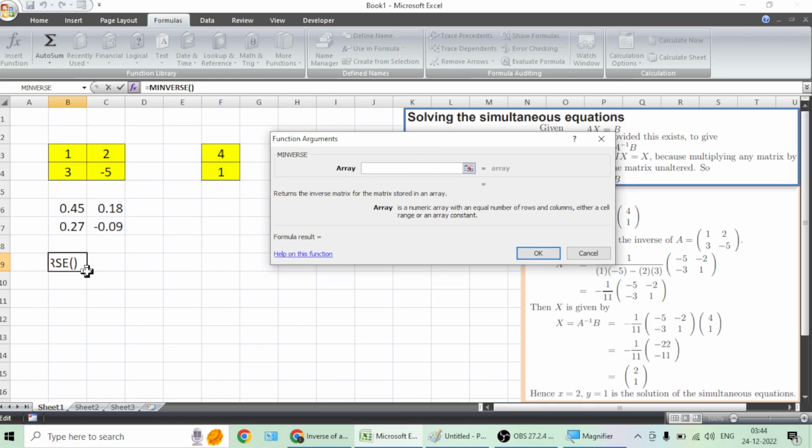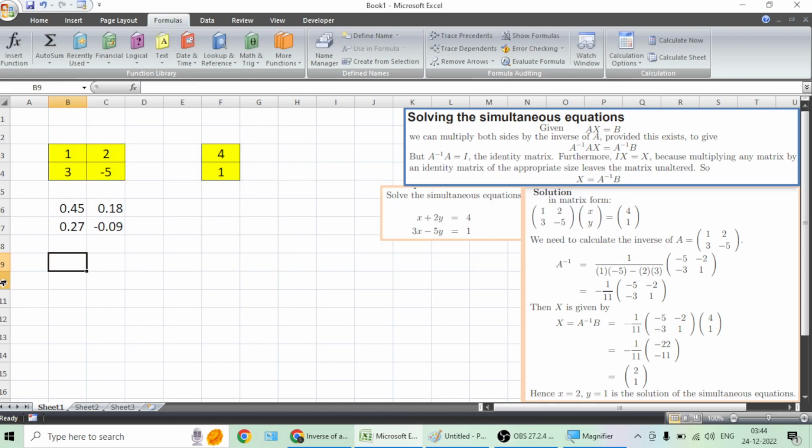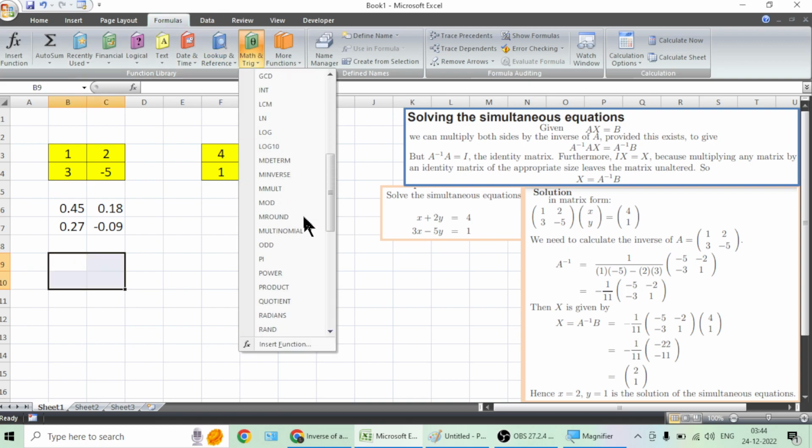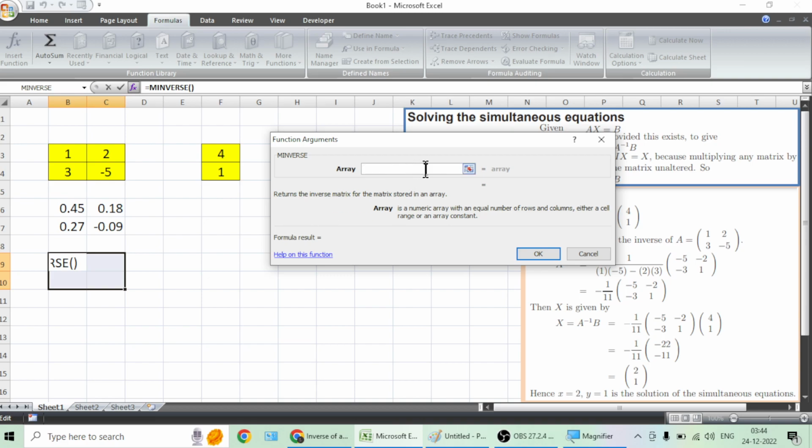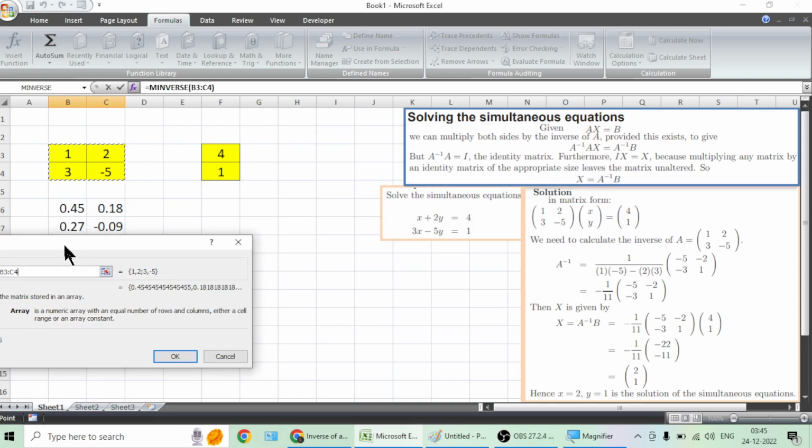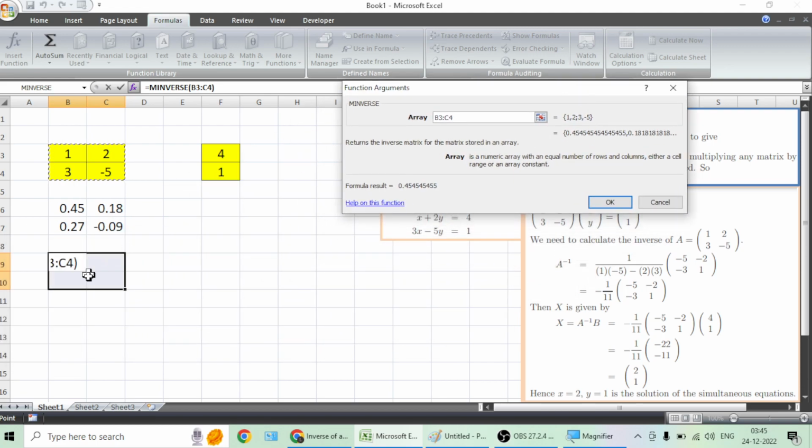Now what we have done is we have not selected the 4 cells. First select the 4 cells, then go for that formula and select the array for which the inverse is to be found. Notice you have been suggested the correct answer.